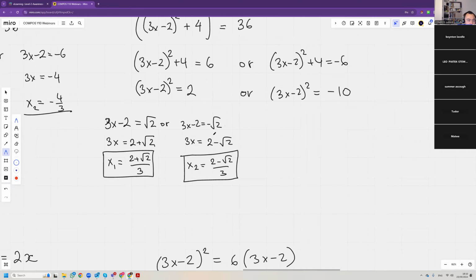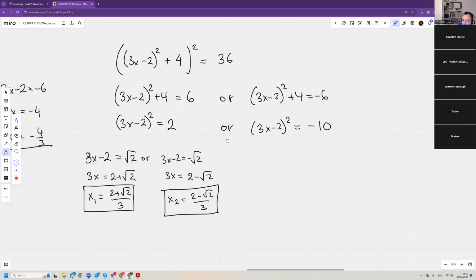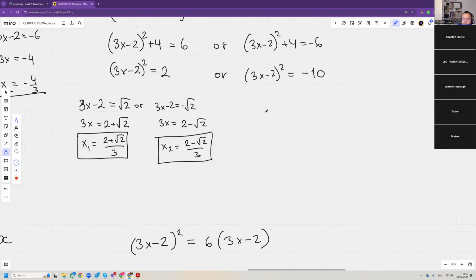So we've dealt with this section. Just leave it in the square root. We won't mark you down for using approximate values, but try using square roots.